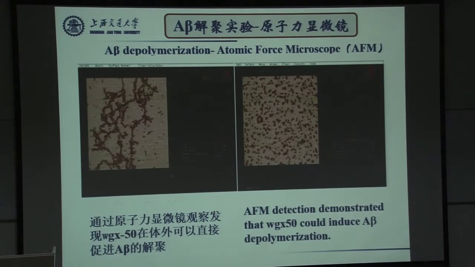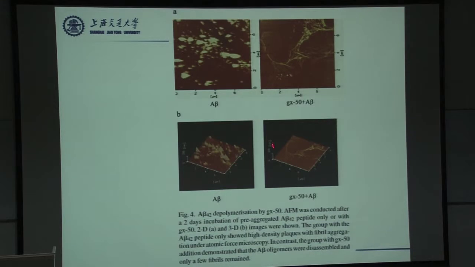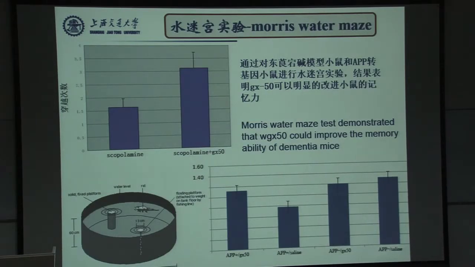So we say this disease has multi-targets. This is just a typical example of such a multi-target story. And also, we injected this molecule into mice, and it also shows disappearance of this accumulation of the beta amyloids. And we also did animal experiment.